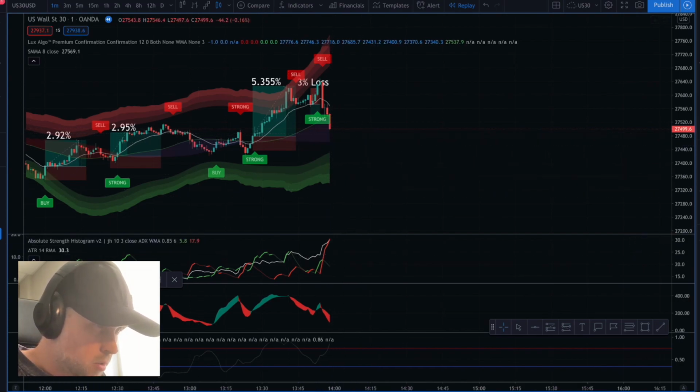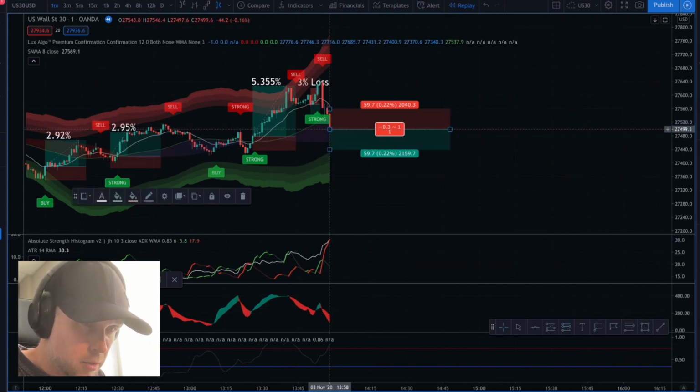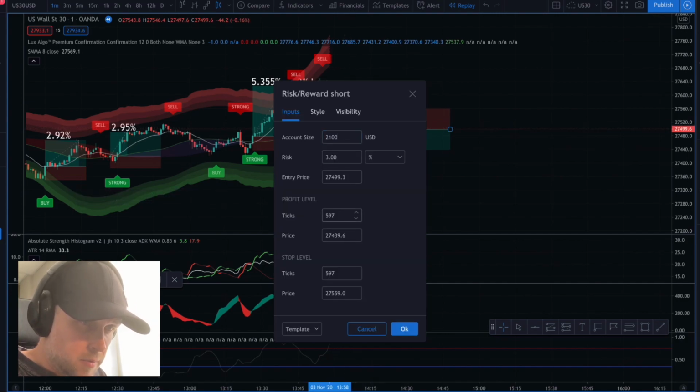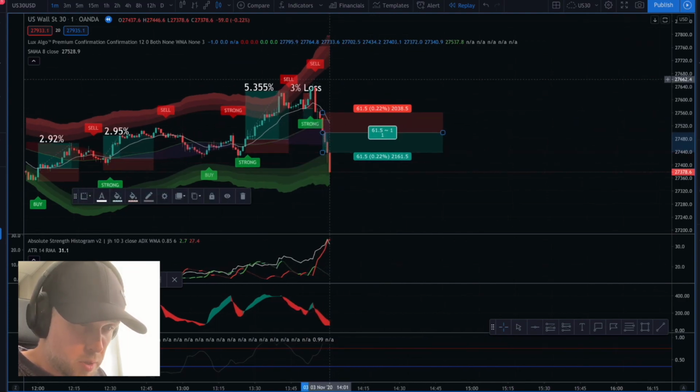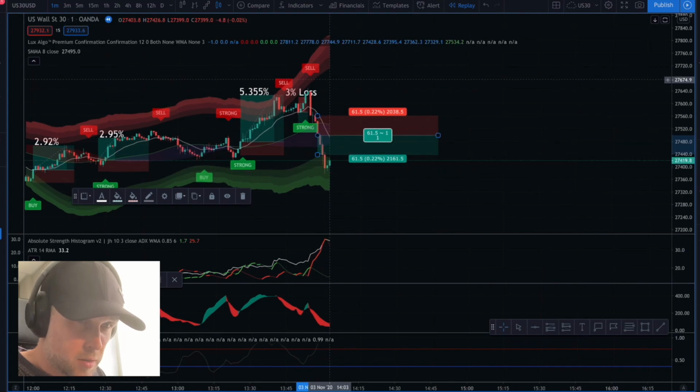Volatility is good, so we're going to open up a short position on that candle right there. 30.3. That would give us 600, but of course I need to add the 15 ticks for my spread. And away we go. Let's see, yeah, so there we go. We're taking a nice one there.